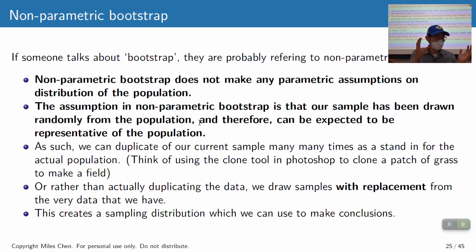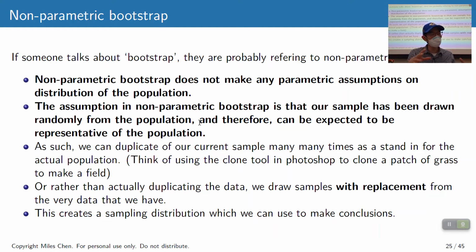we're going to assume that it's a randomly drawn sample, and the big assumption that goes with it is that if this is a randomly drawn sample, we can expect it to be representative of the larger population. That's the one assumption. It's a big one, but that's the one assumption.